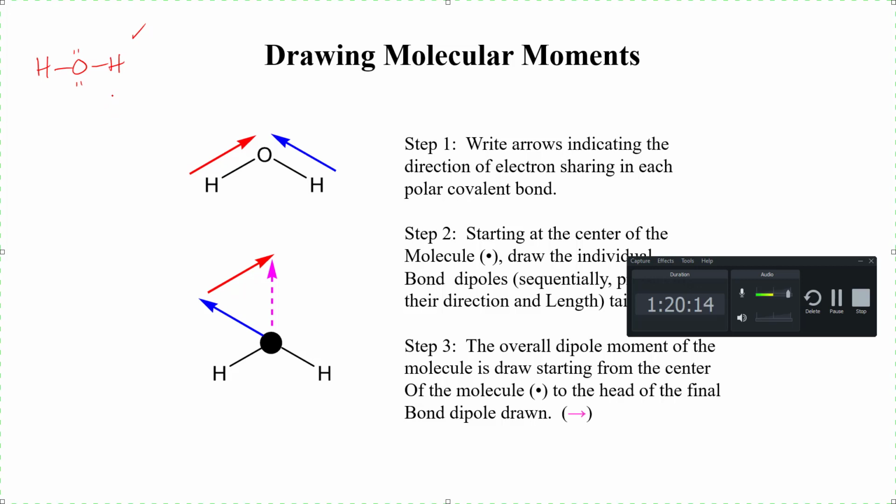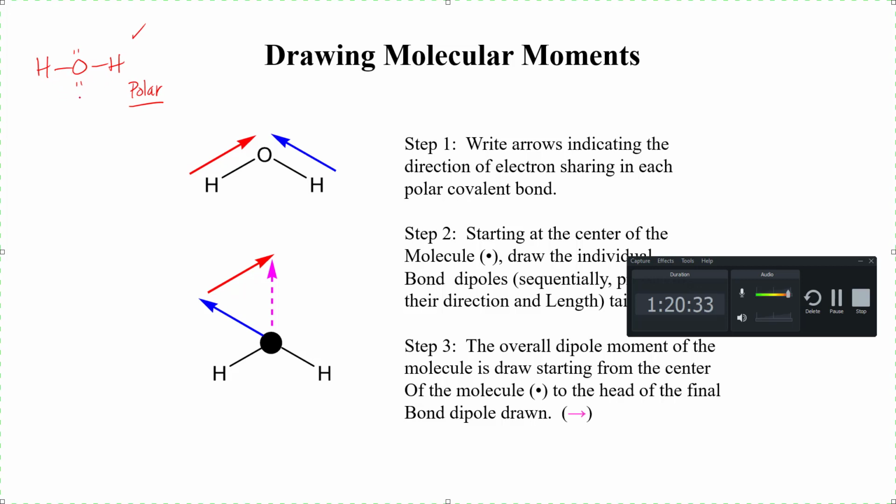And what did you say? Did you say it's polar or nonpolar? Hopefully you said it is polar, because in what universe is water nonpolar? But if I drew the Lewis dot structure like this, what would I do?